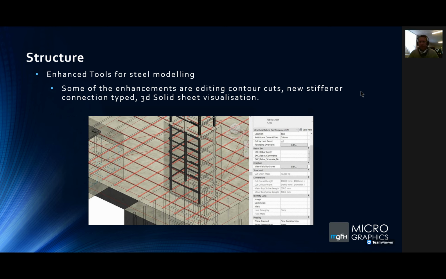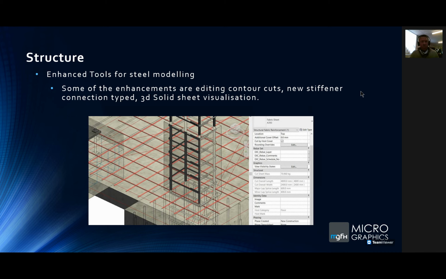They've also added enhancements with regards to the sheet visualization. In the past, those sheets, the picture with the red rebar, could only be shown with singular lines, and now it's nice and solid, and it looks much better.